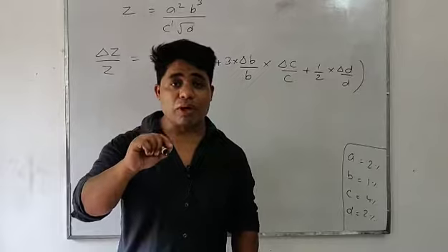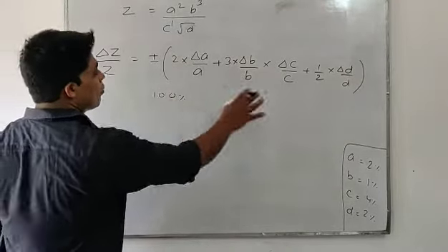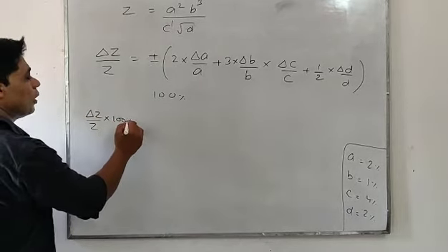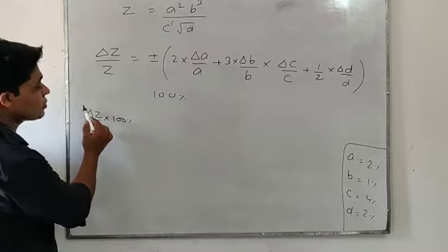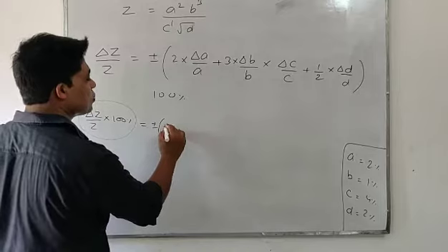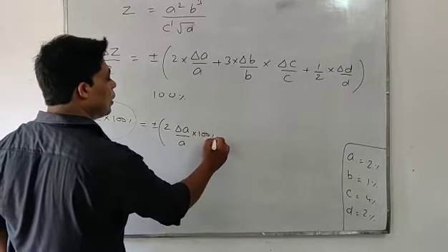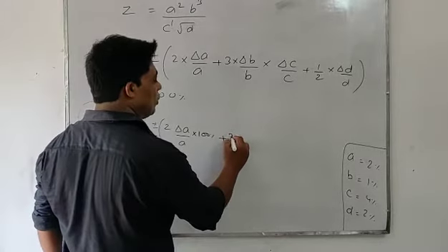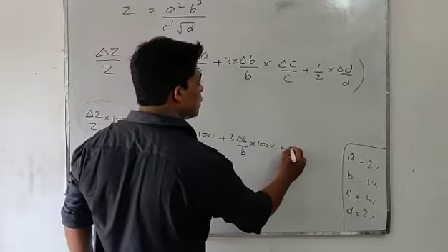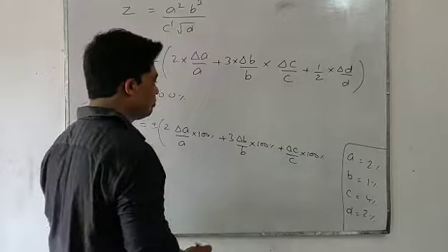In order to convert absolute or relative error into percentage error, we have to multiply by 100% on both sides. Delta Z by Z into 100%. What is the meaning of this mathematical term? Percentage error of Z, that we have to find. Plus minus 2 as it is, delta A by A into 100%, 3 delta B by B into 100%, delta C by C into 100%.